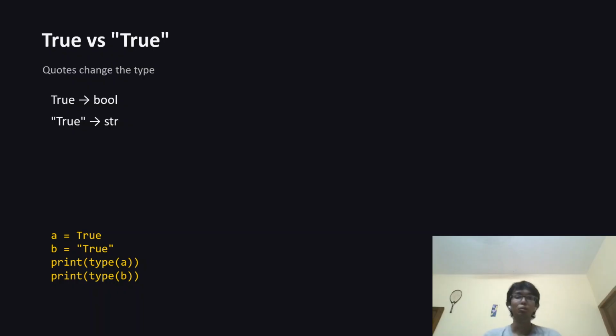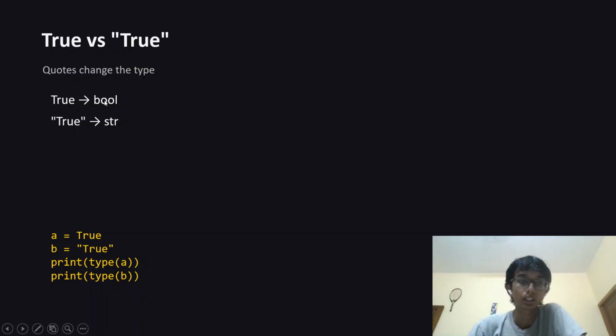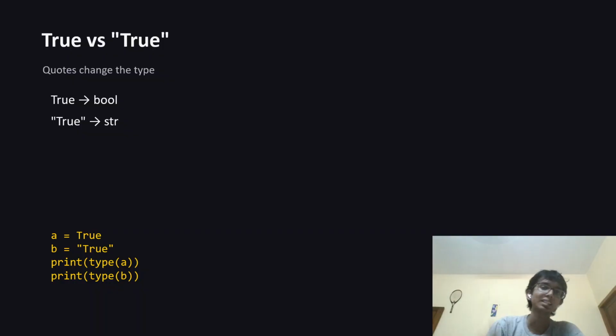True versus "True", that's what I said right now. Here, non-text True is taken as Boolean, whereas anything that comes under quotation marks is taken as text, as a string. So this same True, but under quotation marks, is going to be taken as a string.